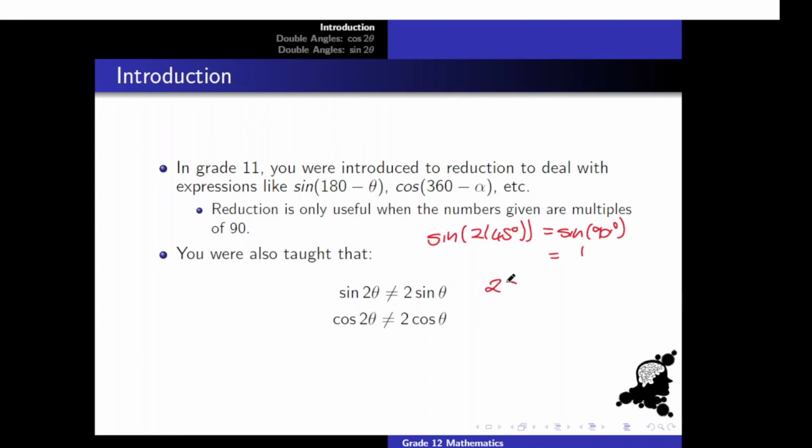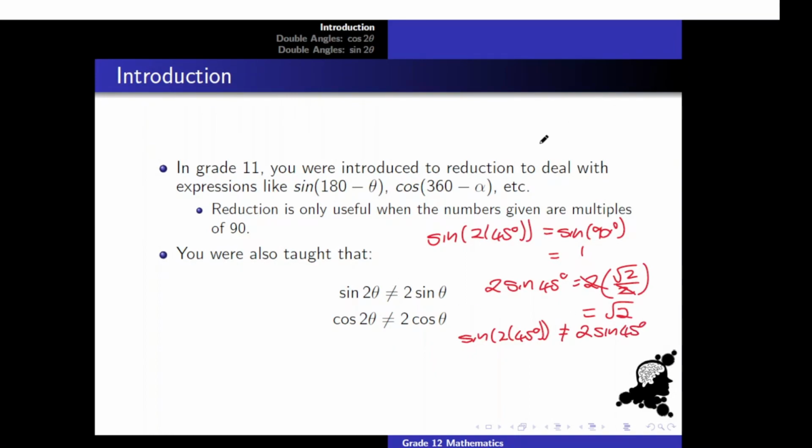But if you had to press 2 sine of 45 degrees on your calculator, this is going to be 2 times sine of 45. This is a special angle, so we get the square root of 2 over 2. The 2's will cancel out and you remain with the square root of 2. So you can see that by doing this, we have proven sine of 2 times 45 degrees is actually not equal to 2 sine of 45 degrees.